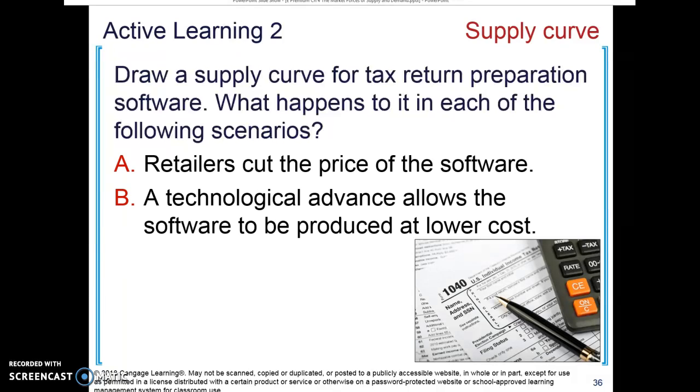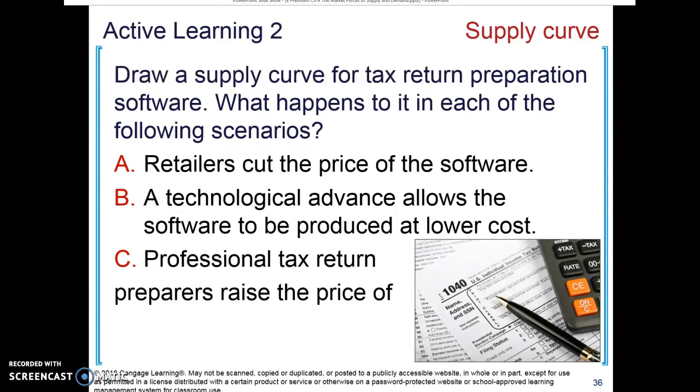Let's consider this active learning too. I want you to draw a supply curve for tax return preparation software. So what happens to this software in each of the following scenarios? What happens if the retailers cut the price of the software? What happens if there's a technological advance that allows the software to be produced at a lower cost?